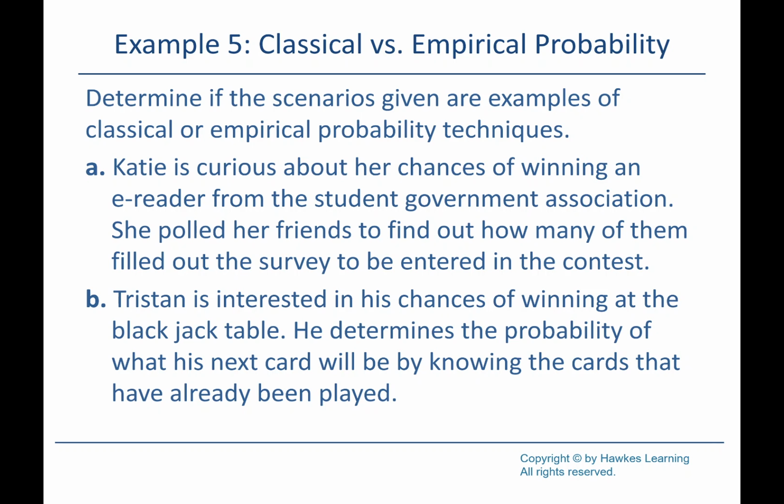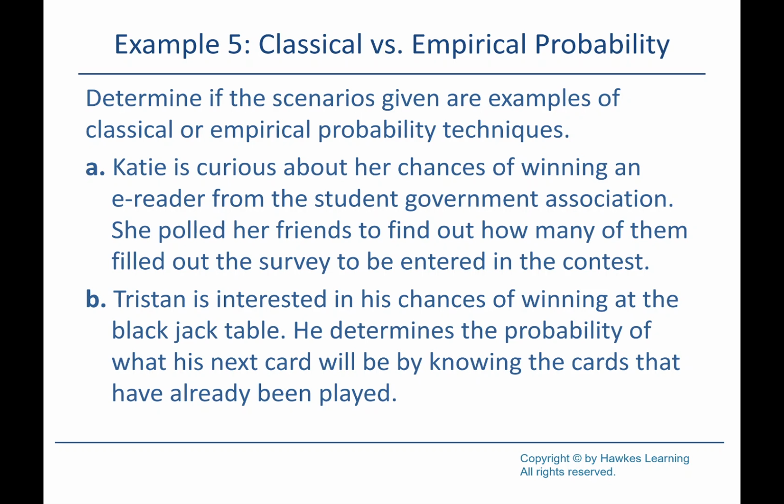He knows all the possible cards that can come out, right? And he already knows the ones that have been played. On that one, I would call that classical probability, because he knows what cards are left in the deck, so he knows all the possibilities that he could get. So that one would be classical. That one's tricky. I think that would be classical.